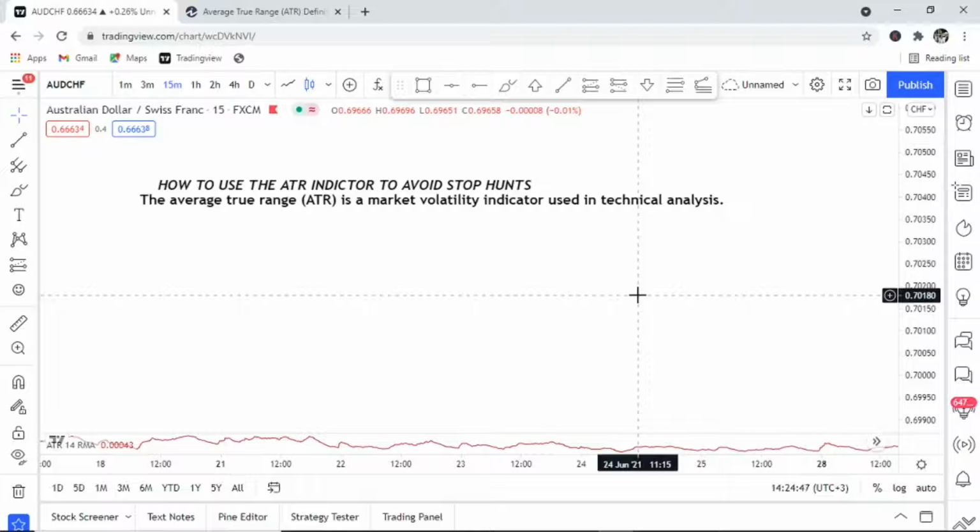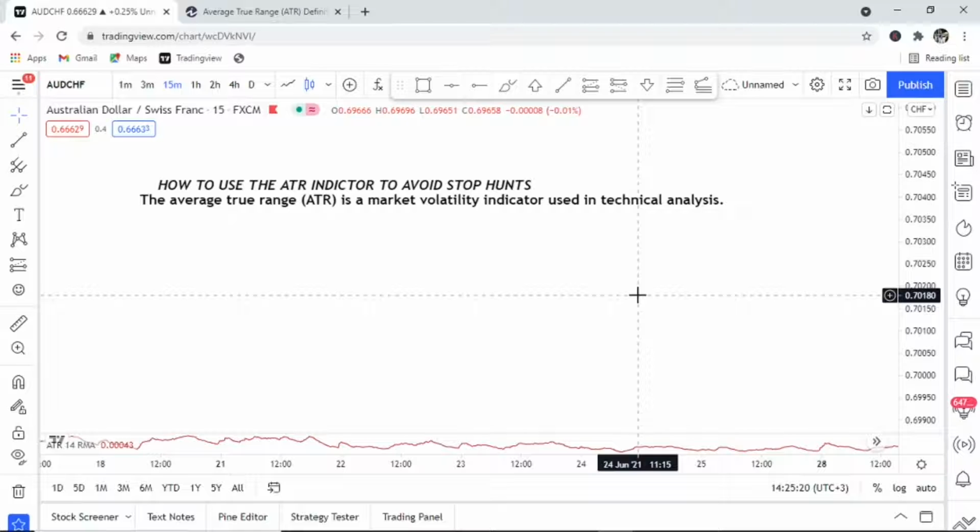So when the volatility is high, the ATR indicator shows a high pip value, meaning that you should put your stop loss a bit wider. And when the volatility is low, the ATR indicator will show a low pip value, which tells you that you should place a tighter stop loss, because when the volatility is low, there is less likelihood of you getting stopped out by a stop hunt.